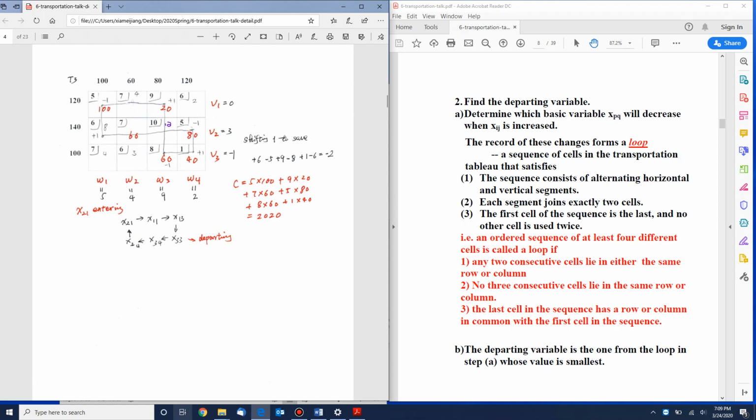So in this way, you could see which cells we have reduced units, that is cell C11, C24, and C33, and compare those amounts in these cells. So 60 is the smallest one. So in this way, x33 departing.